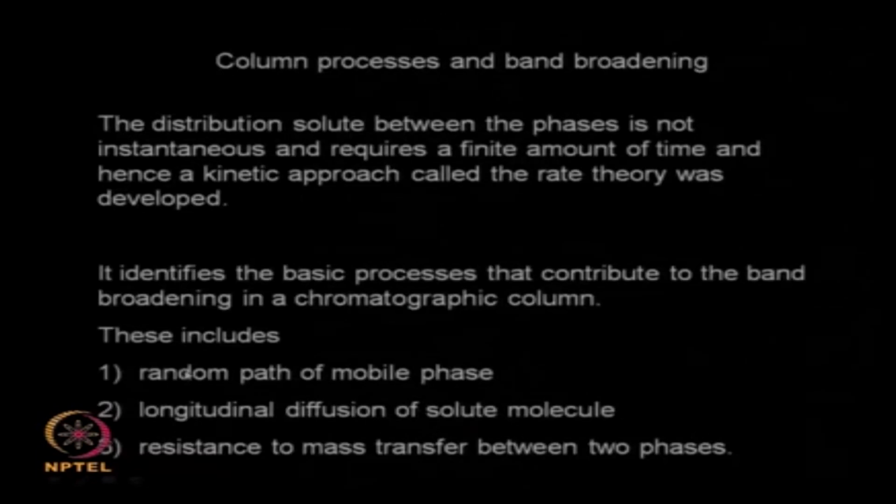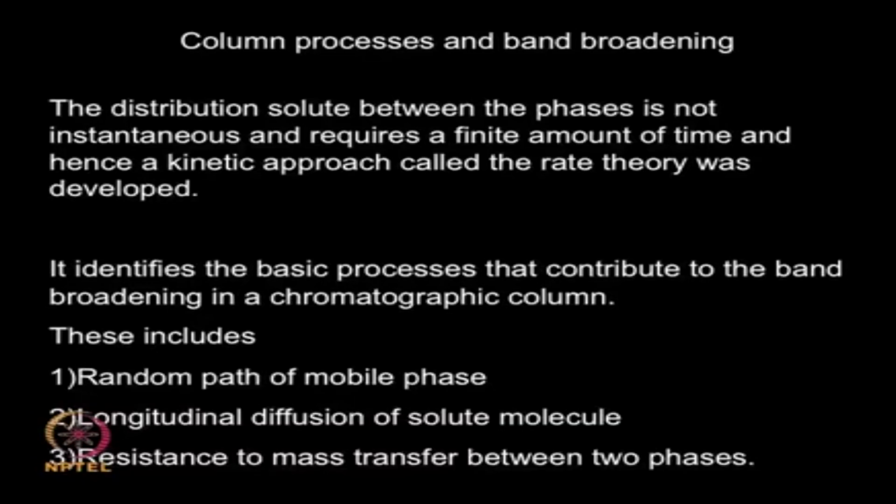Now what are column processes and band broadening? What happens is, when the band keeps traveling inside your column, it starts becoming broader and broader, because the solute is not going to get distributed instantaneously. There is going to be a certain time for it to distribute. So there is a kinetic process, a rate process, and you need to consider that.